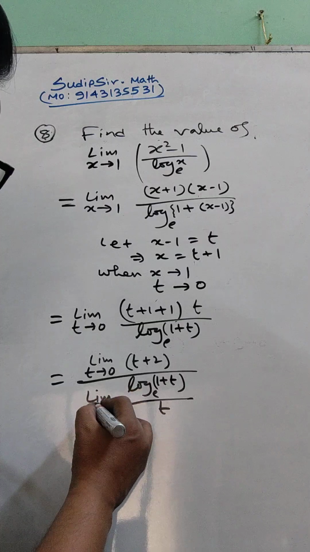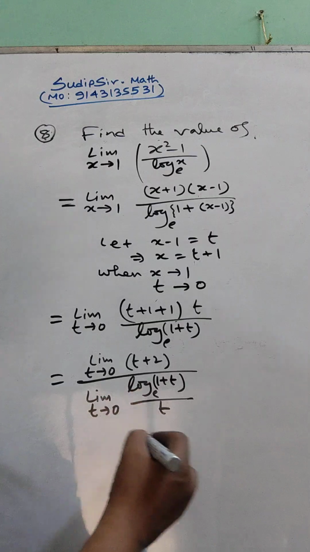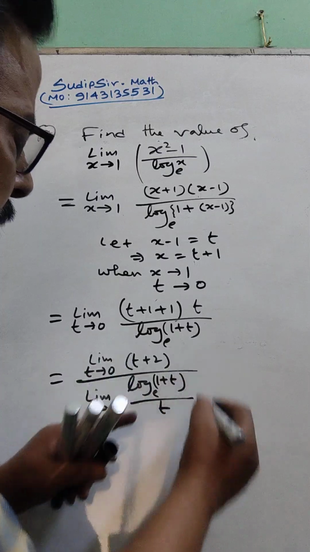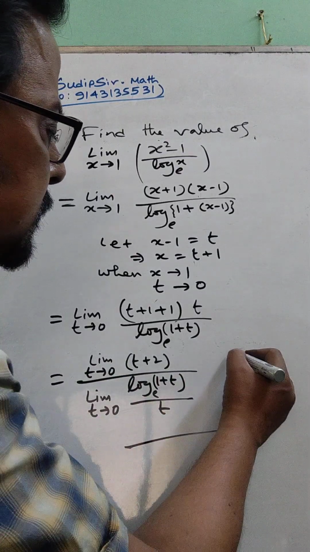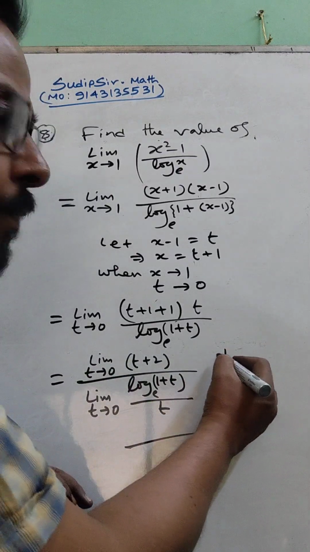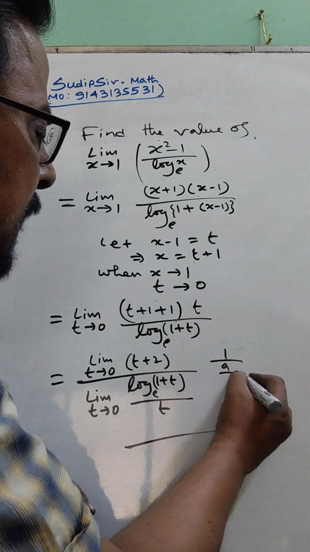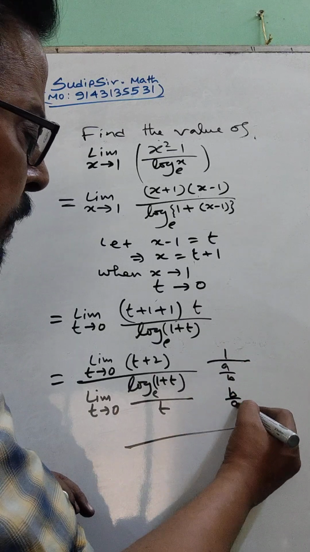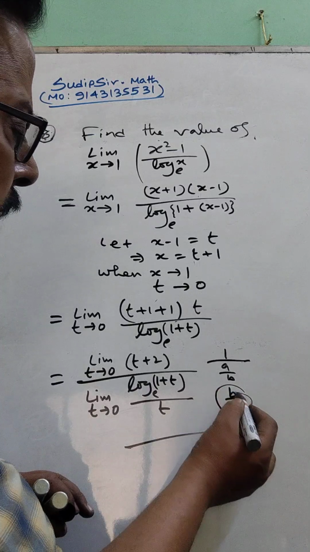You know 1 by (a by b) can be written b by a and vice versa.